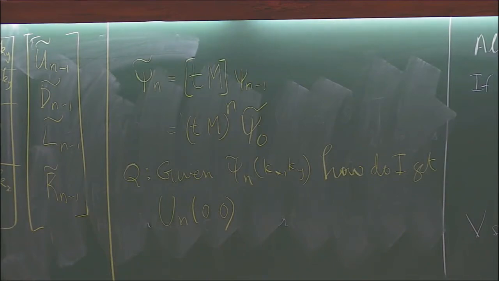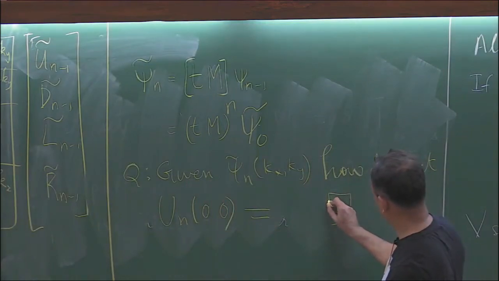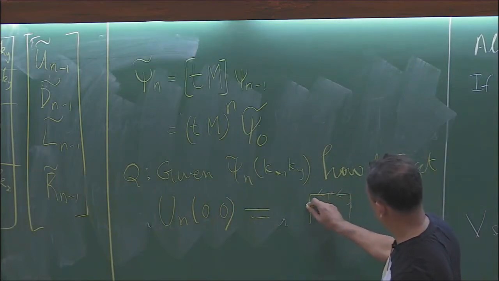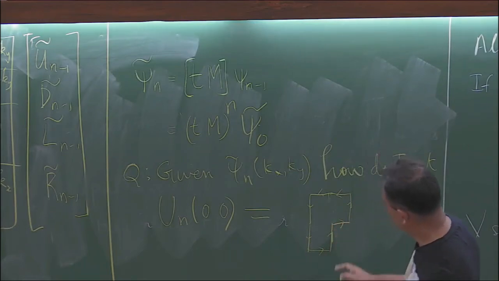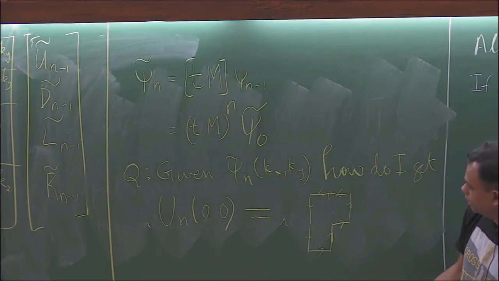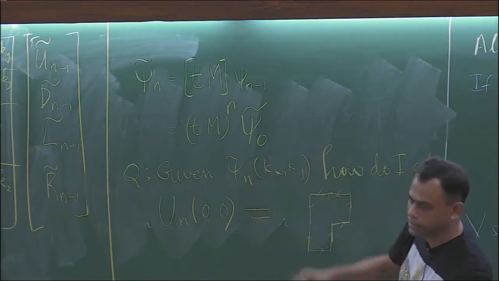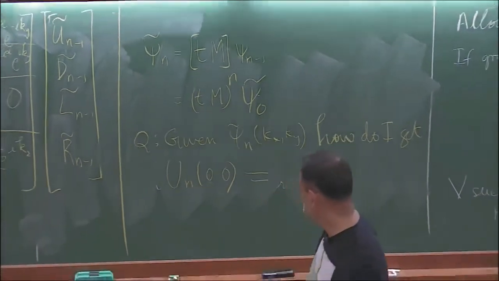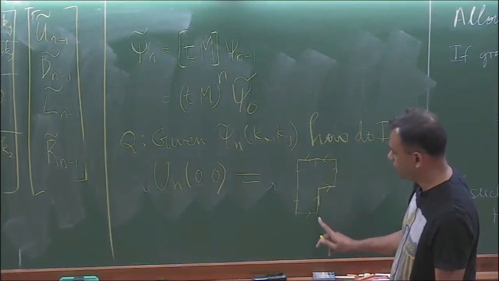Okay, so un 0,0 corresponds to some walk like this. This corresponds to a walk in un 0,0. So if I have such a walk, what should my psi 0 be? My first step is in this direction, but for that particular step, it's from the bottom.